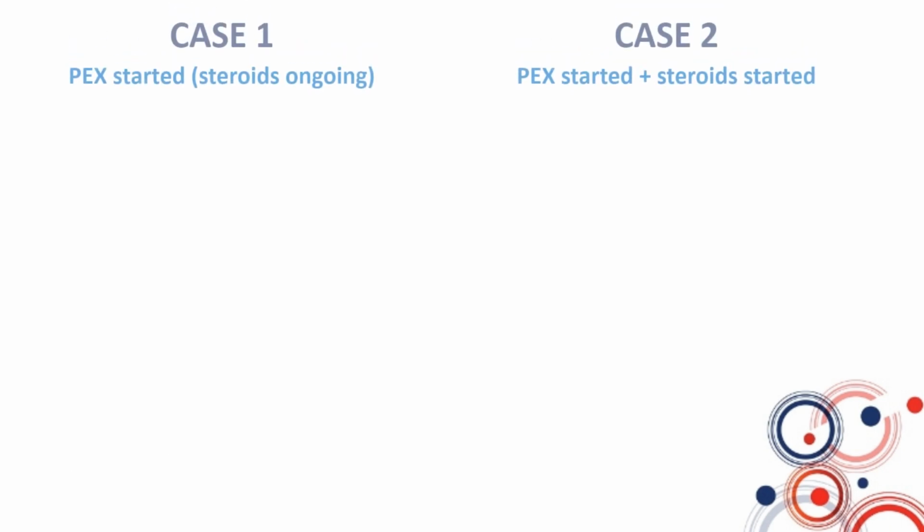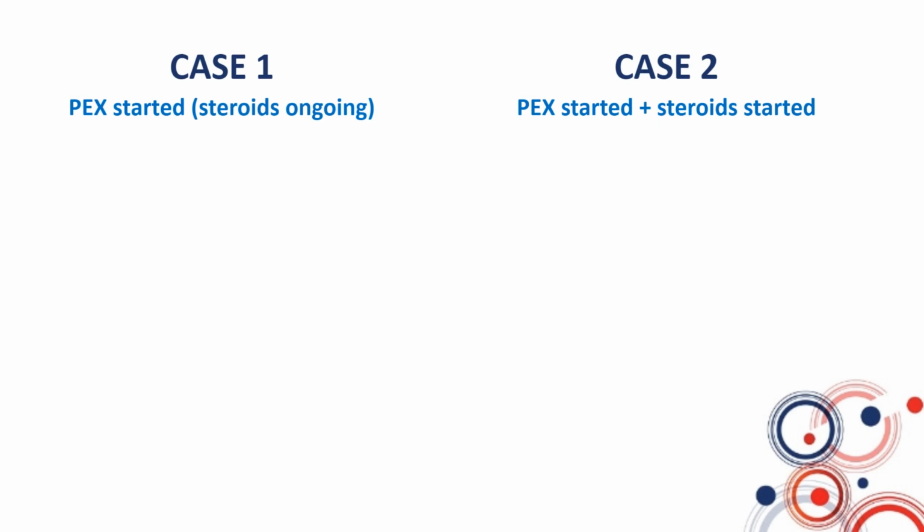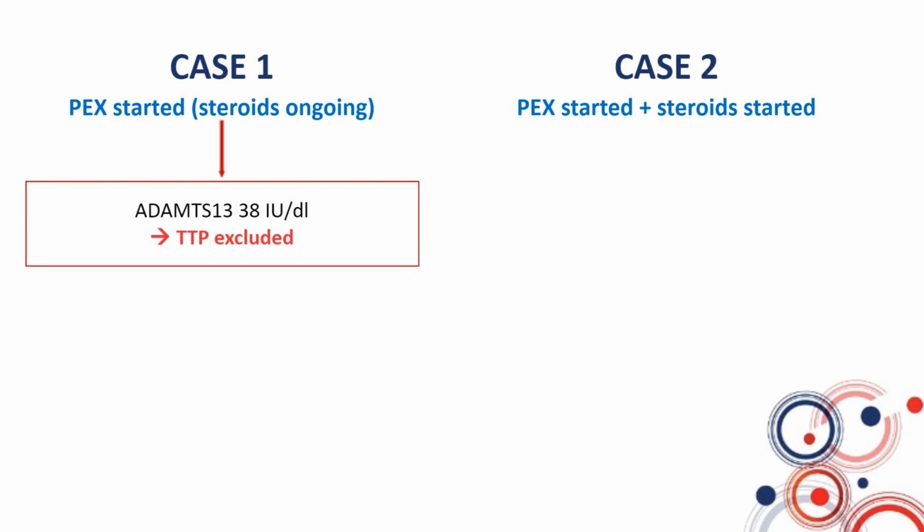So then finally, we have the results of ADAMTS13. In the first case, we did not wait for the results of ADAMTS13, and we started PEX treatment and steroids immediately, and even in the second case, but we were looking forward to the results of ADAMTS13. In the first woman, the first case, the ADAMTS13 resulted 38.